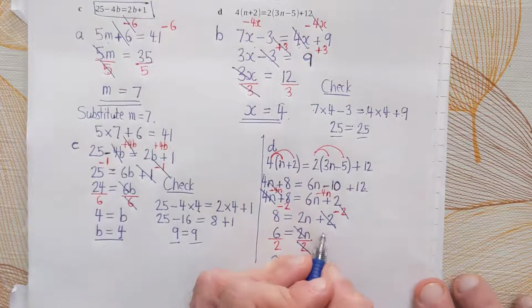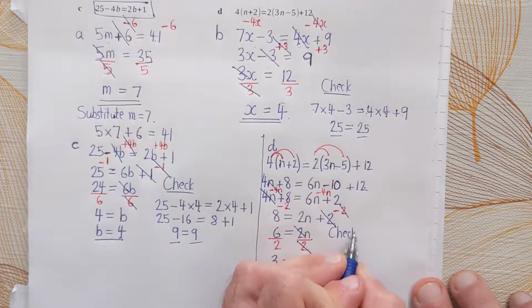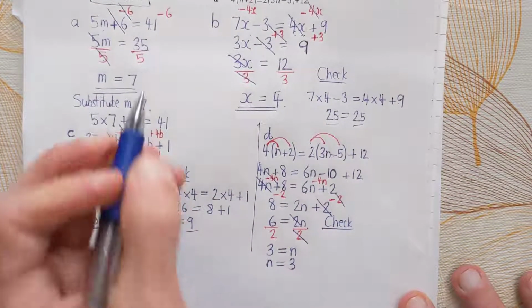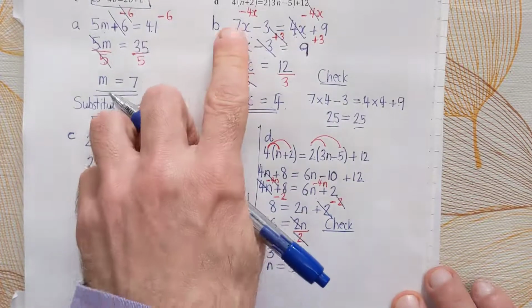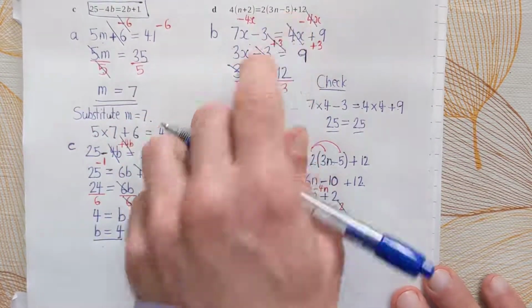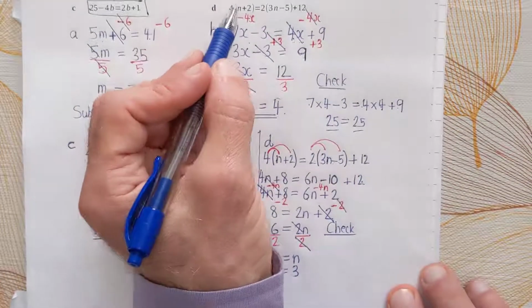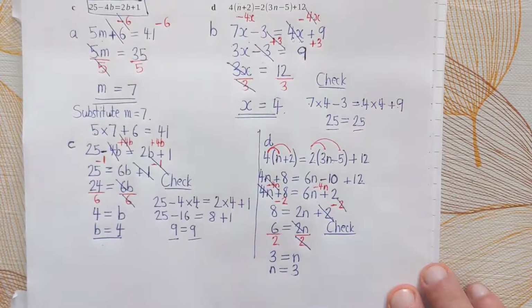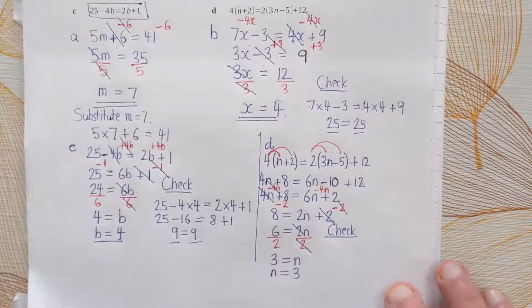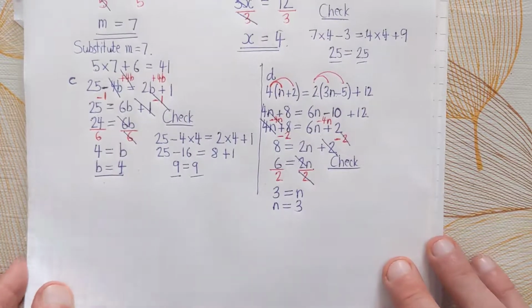Right, let's check it. To check, we will substitute n equals 3 into the original equation, which is here, just out of view. So let's write the equation down here.